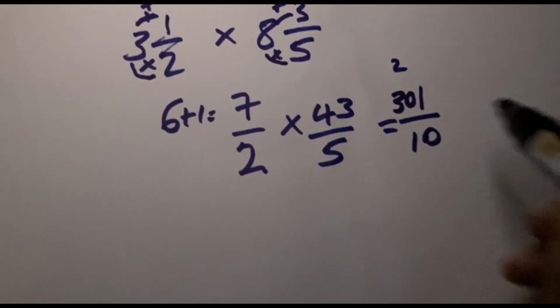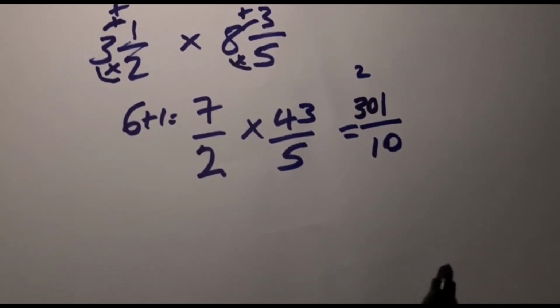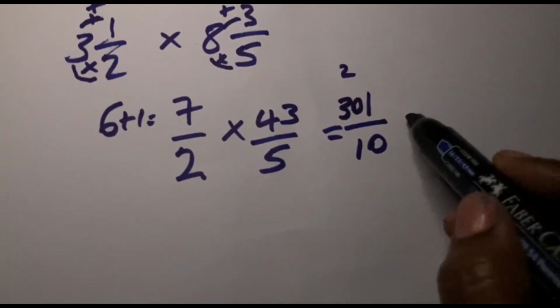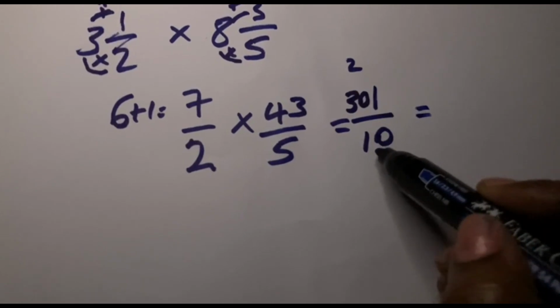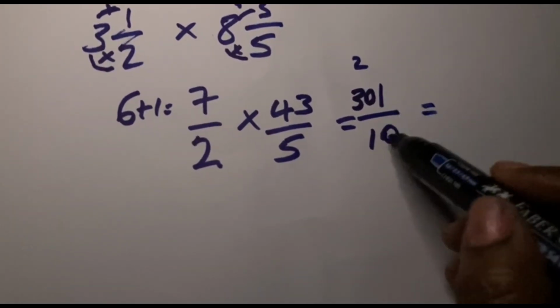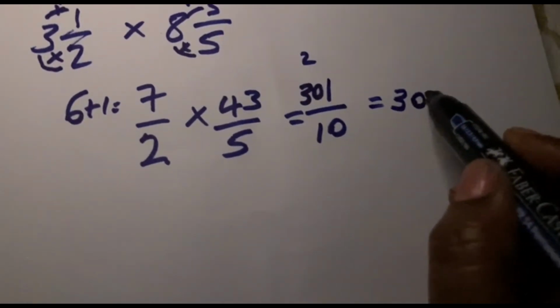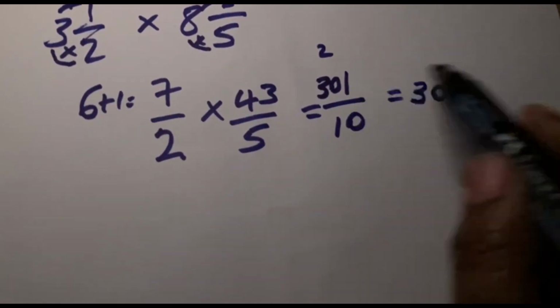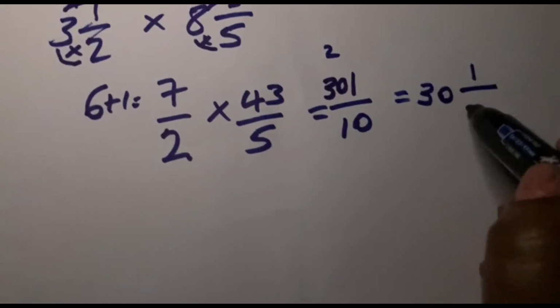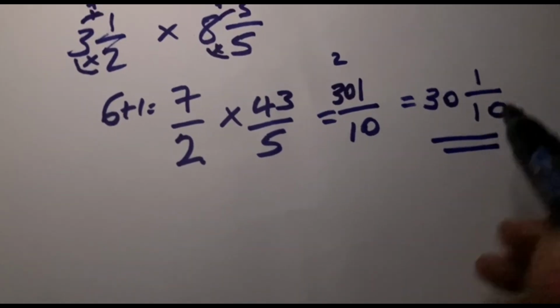Now 301 is much bigger than 10, so we can change this into a mixed fraction by dividing by 10. 301 divided by 10 is 30 times. 30 times 10 is 300, and the remaining is 1 over 10. So this will be the result.